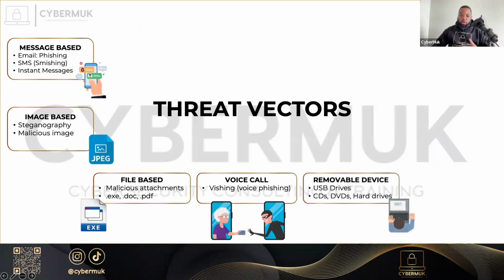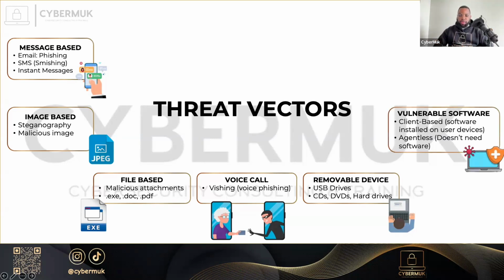You have removable devices, so USB drives, CDs, DVDs, hard drives, all those removable devices. That's physical access. This is direct access. They can directly plug malware into your device. You have vulnerable software. So vulnerable software is usually downloaded or installed onto your device, and you have two types: either client-based, which is downloaded on your device, or agentless.